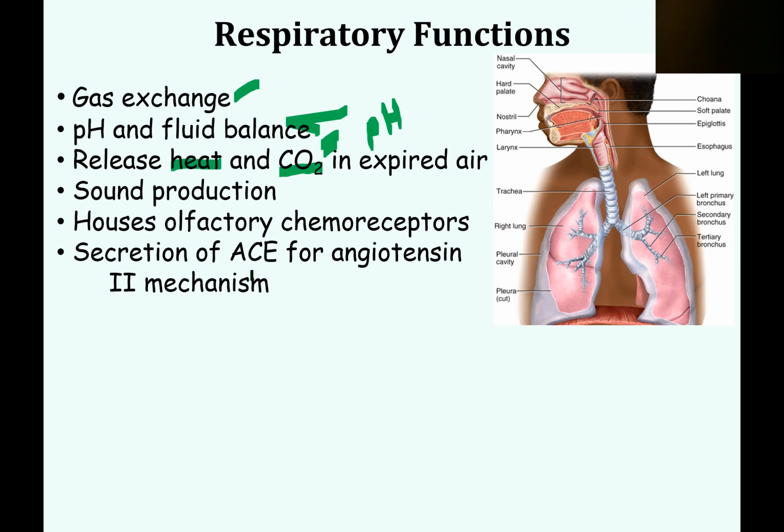Secretion of ACE, angiotensin converting enzyme, for the angiotensin II mechanism, and this helps us to regulate fluid levels. So angiotensin, which is needed for making angiotensin II, is going to help us regulate fluids.